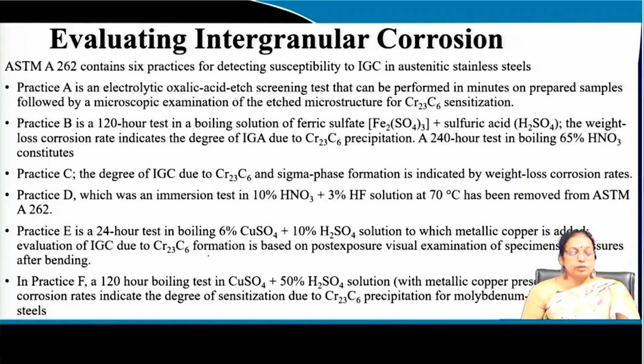Similarly, for intergranular corrosion you can use ASTM A264. So, there are different practices, and these practices are followed industrially. Whenever people in industry are interested to know the corrosion behavior of any component, they follow all these practices in different solutions, and from there they find out the corrosion behavior in a detailed way.